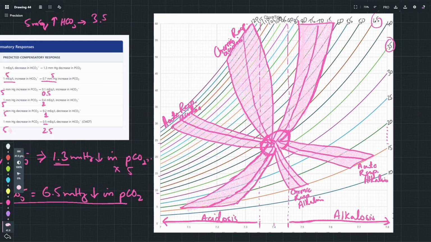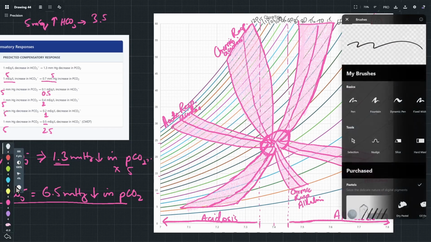Okay, first, for example, let's use a black dark color actually.